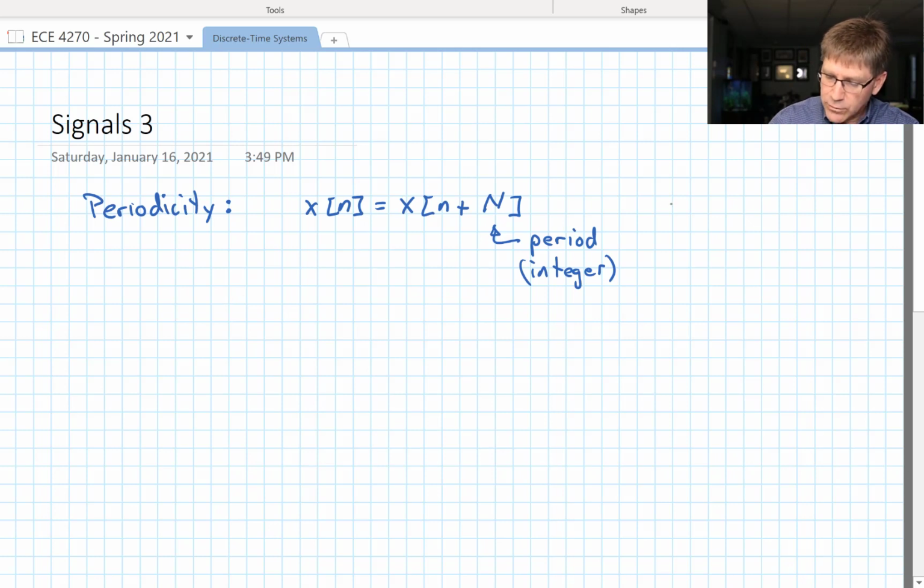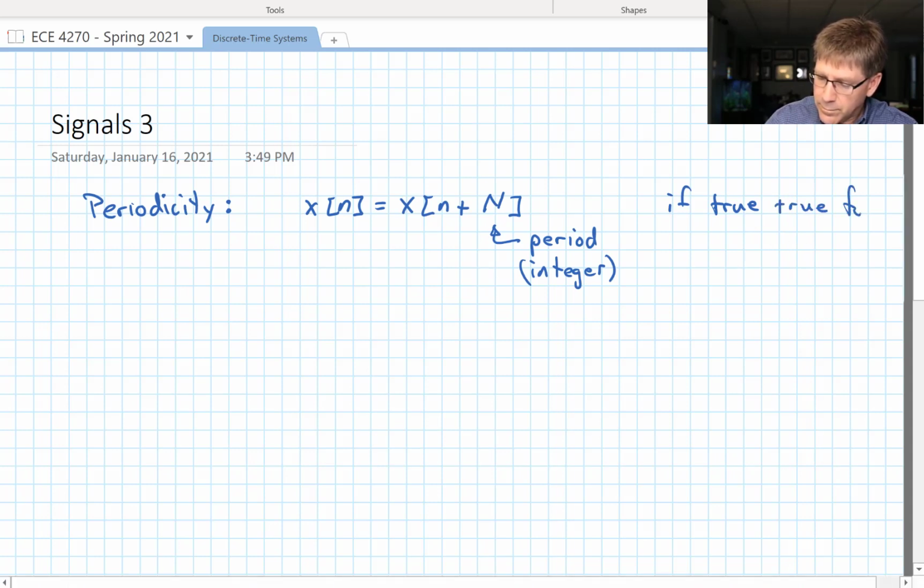If this is true for some N and all little n, then we have a periodic signal.